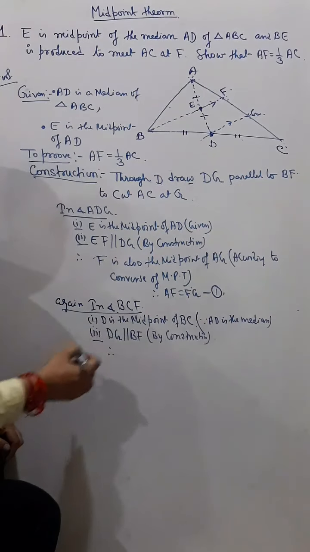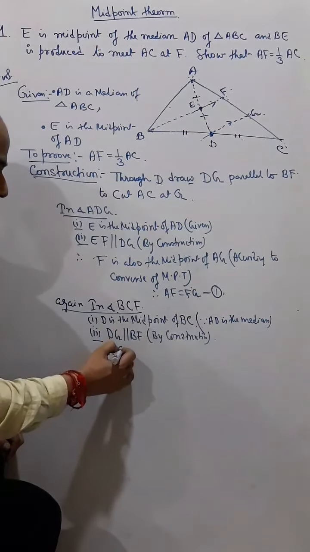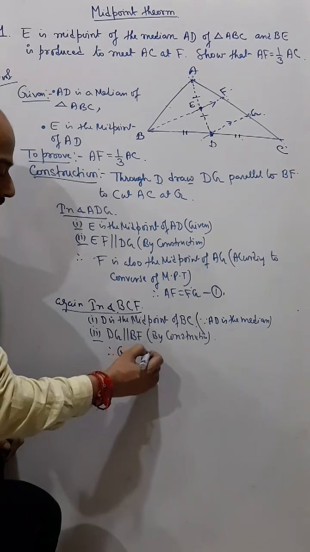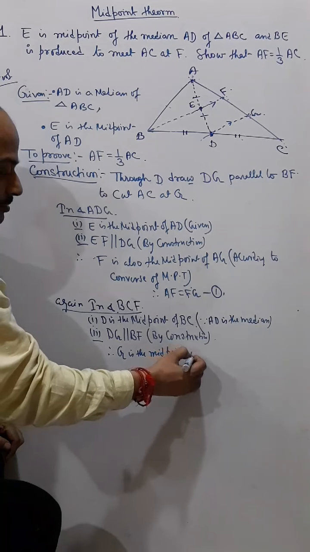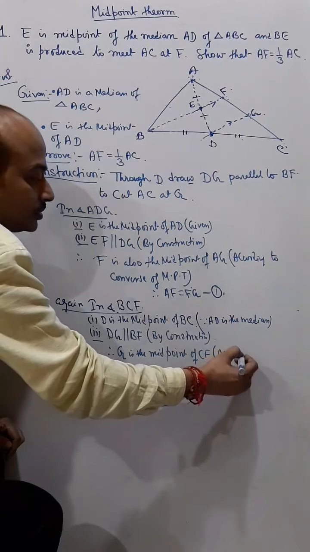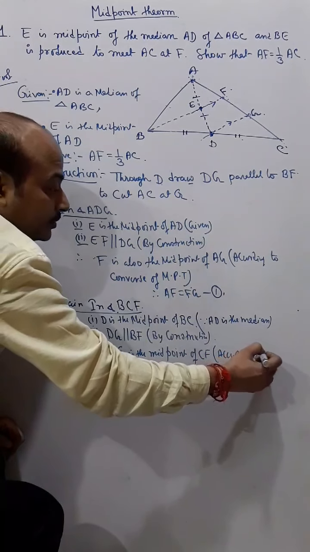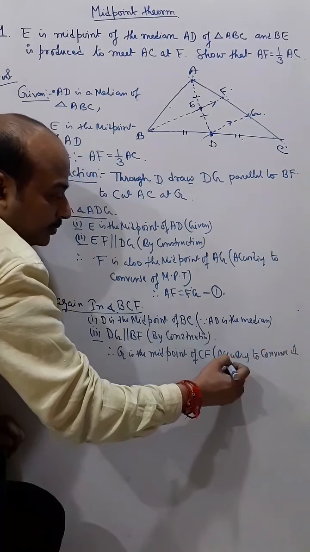Therefore G is the midpoint of CF, again according to the converse of midpoint theorem.